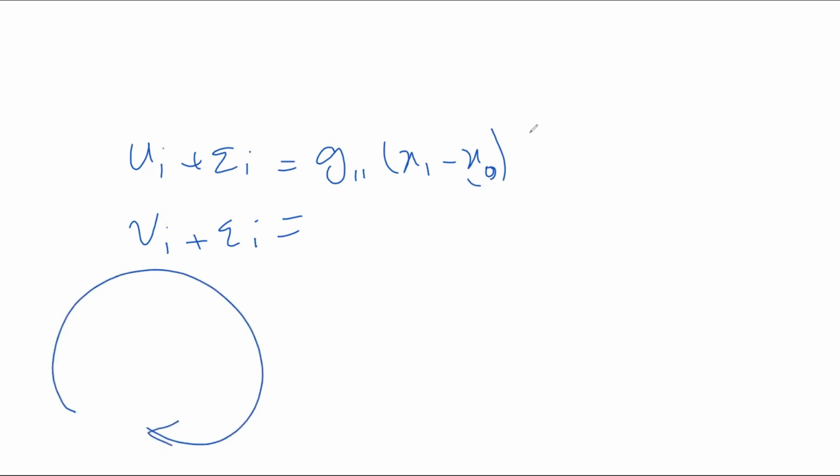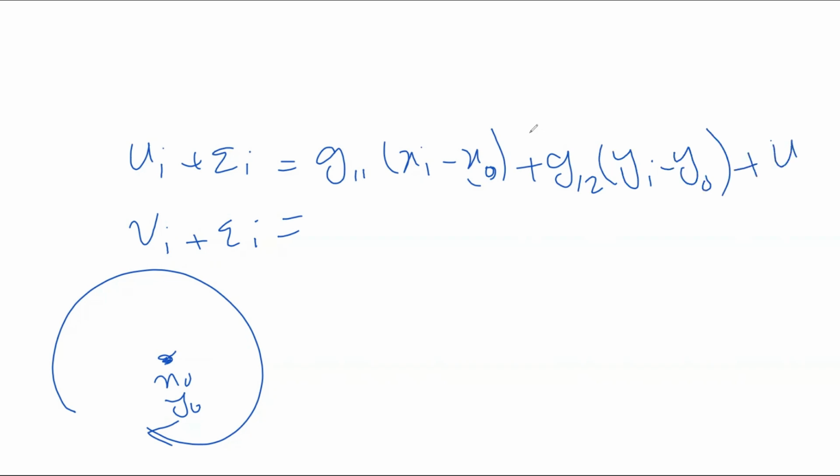If the geostrophic flow is x1 and y, x0 and y0 is the center. Plus G12 yi is 0 plus UC. And I can write this.